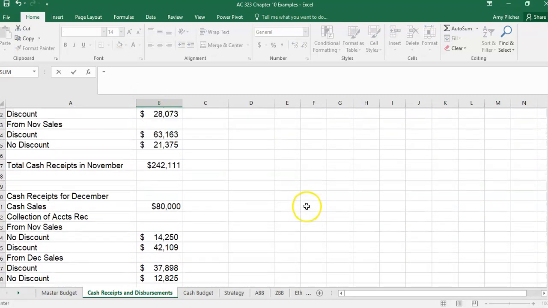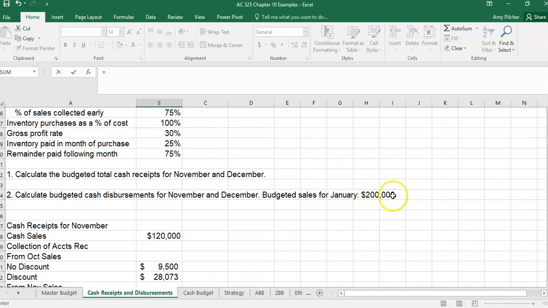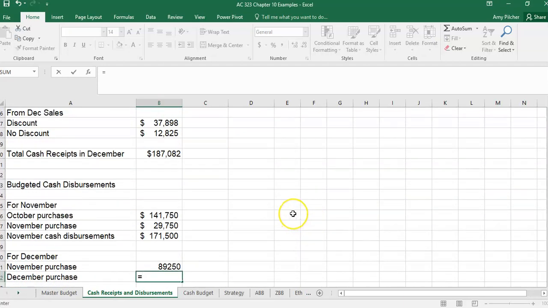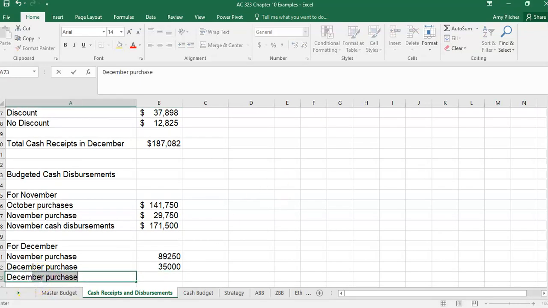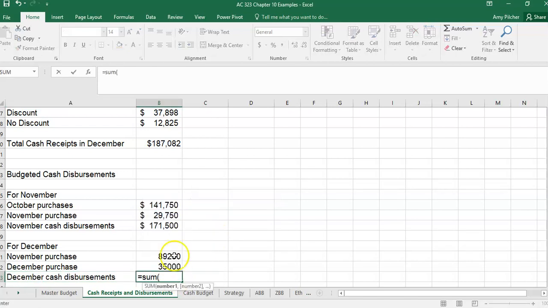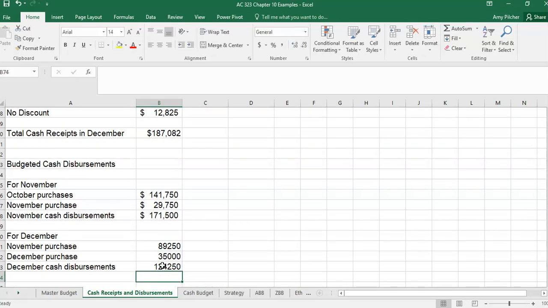And in December, it tells us that in January we have $200,000. So it's going to be that 200,000 for January times 0.7 times 25%. So our December cash disbursements are $124,250.